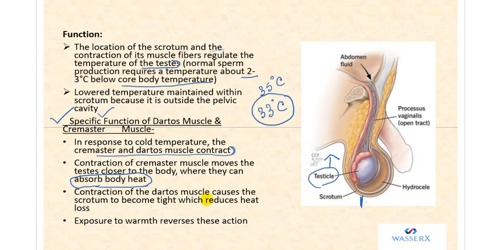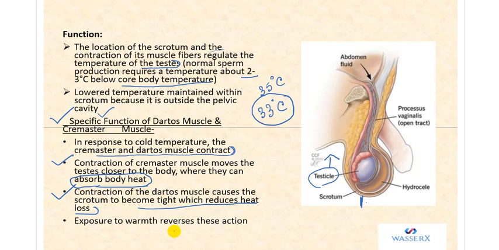Contraction of the dartos muscle causes the scrotum to become tight, which reduces heat loss. So the temperature is maintained, and loss of heat is reduced also. Both of these occur because of the dartos and cremaster muscles if the temperature outside is very low, right?